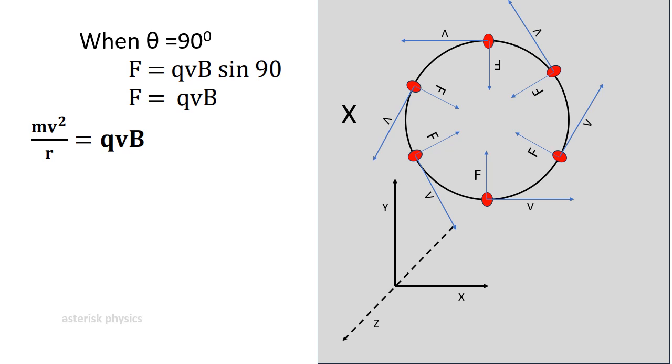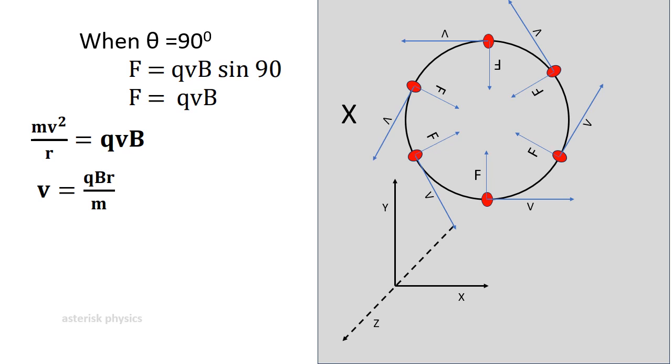So we have mv squared by r equals qvB. Rearranging, we get velocity v equals qBr by m, which is a constant. That means the speed of the particle is constant. Therefore, the particle will be executing a uniform circular motion.